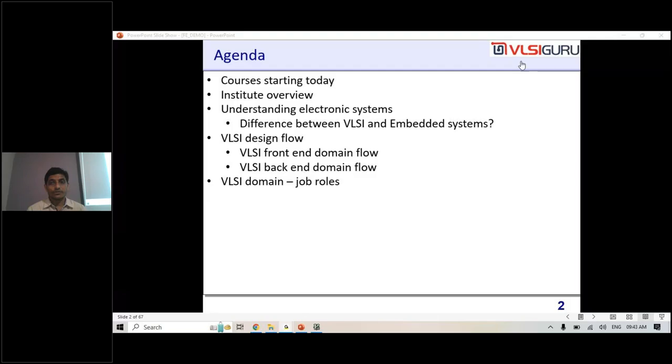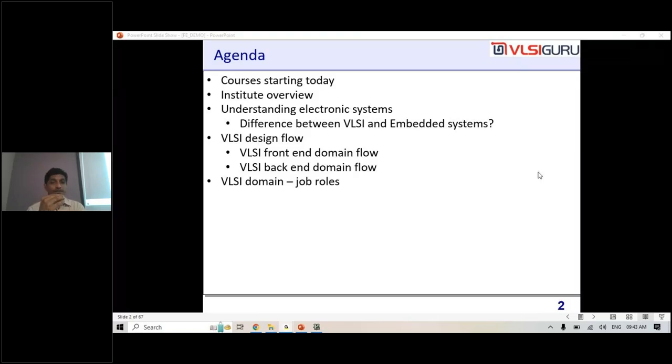The idea is to give you a brief about the different job roles so that you can make a better, informed decision about which one to take. Even otherwise, in the institute we have a flexibility where up to 2 months you can change the domain. Let's say today you took design verification; you will go through the design verification related topics for 2 months, where you will also go through some Verilog programming related training.